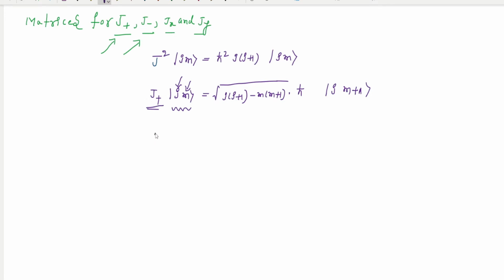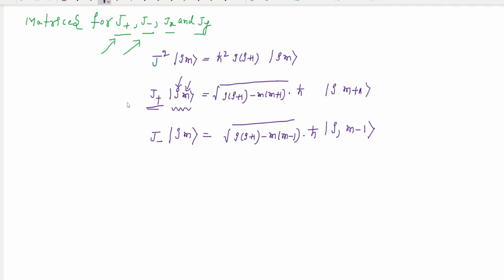Like that, J minus is also there. If you apply J minus on this wave function, it will decrease m by one. Then the eigenvalue of J minus is root of J into J plus 1 minus M into M minus 1, times H cross.